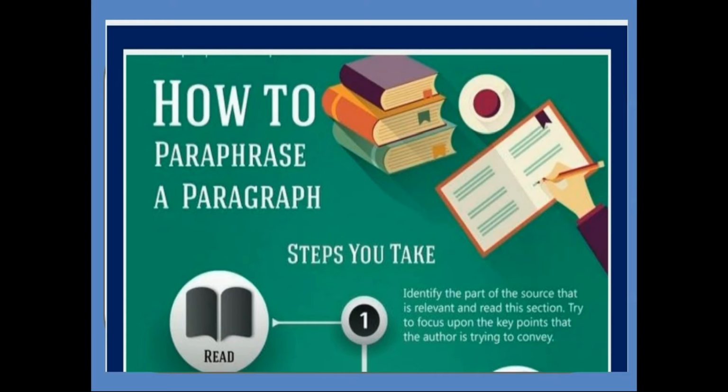Try to focus upon the key points that the author is trying to convey. That means we have to read the passage several times to fully understand the meaning, and we had to note down the key concepts.